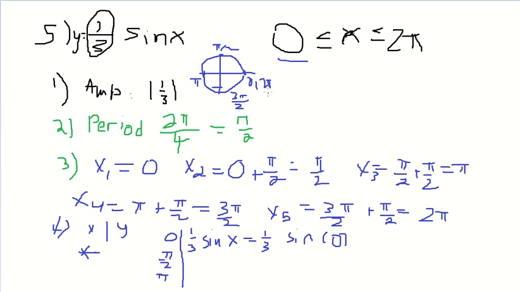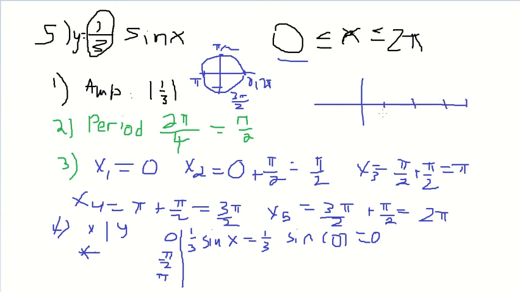We're talking about the sine function, which is the y values in the circle. So sine of 0 will be 0. So 1/3 times 0 is 0. Then you repeat that for all the remaining points, and then you do your graph.